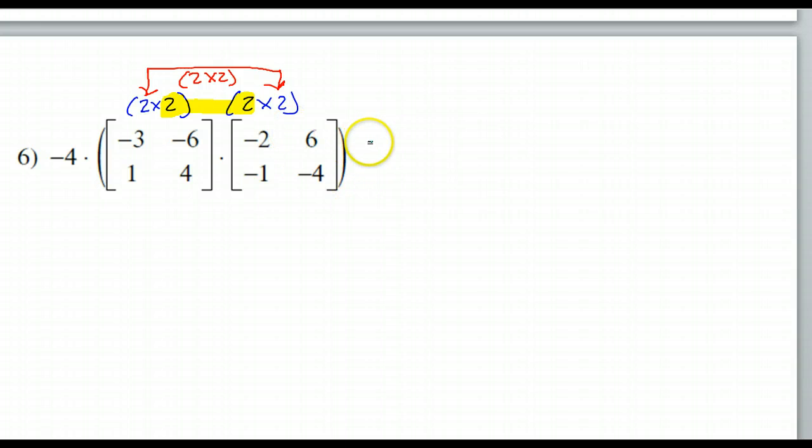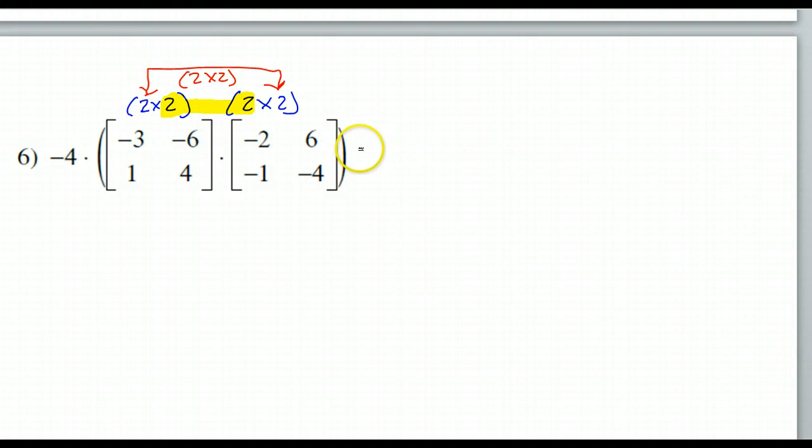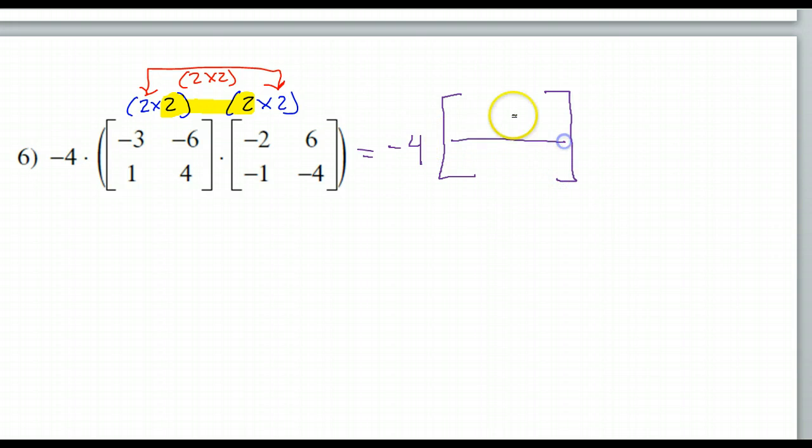So let's just set that up. In my next level, I'm still going to have my -4 there, but that -4 is going to be multiplied by a 2 by 2 matrix. So we're going to go through and find everything.